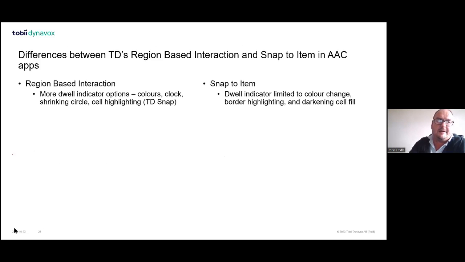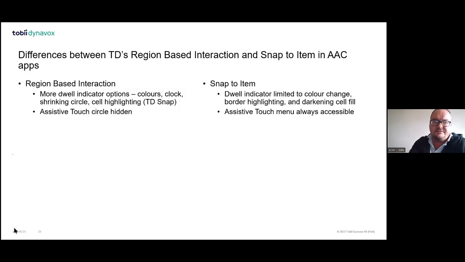Other features, visually: you get more dwell indicator options in things like TD Snap, different colors, clock, shrinking circle, cell highlighting, whereas the dwell indicator on Snap to Item is limited to a color change, border heightening, and a slightly darkening cell fill the longer you're looking at a button.